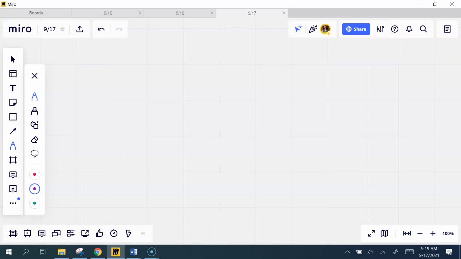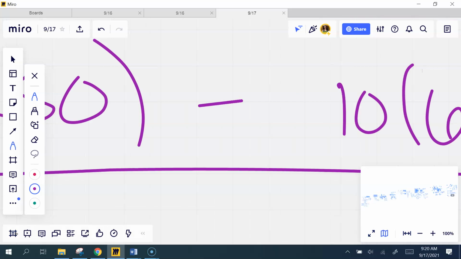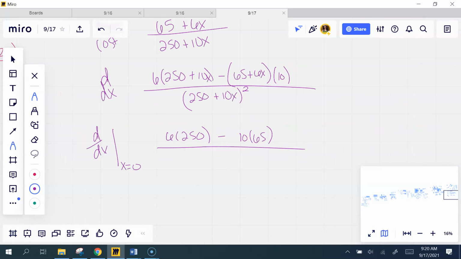why does it keep doing that? It's some garbage. No. That just says the derivative at X equals 0. That's not what we're supposed to get.